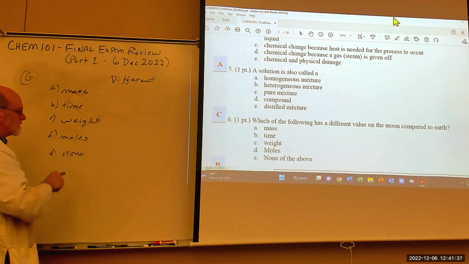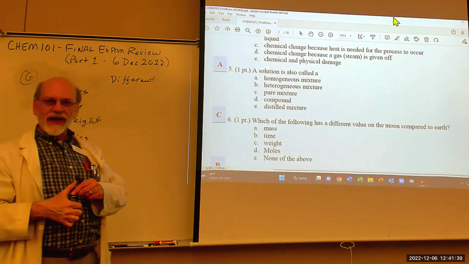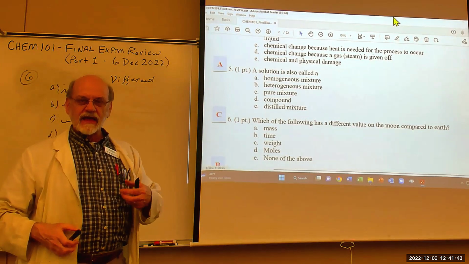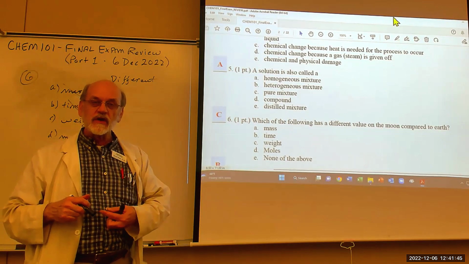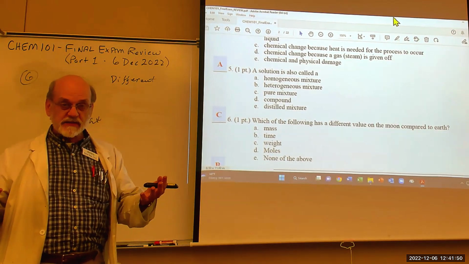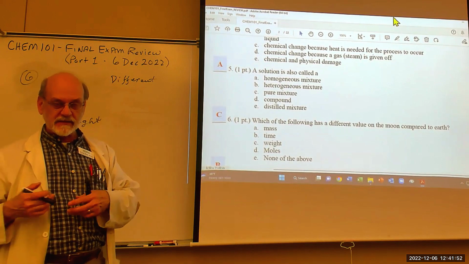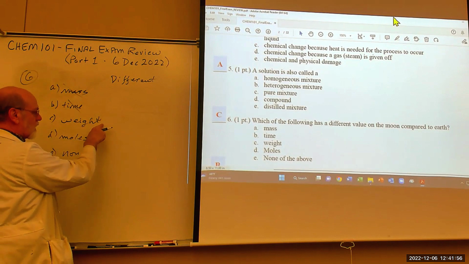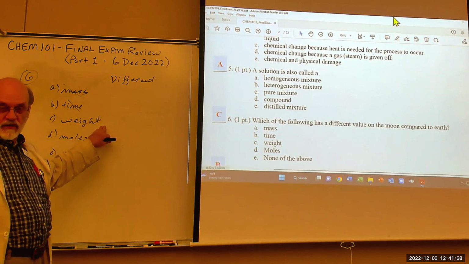How about weight? Weight is an expression of a force. And the force is due to the presence of masses of different sizes and proximities, right? So the closer they are together, the greater the force, the greater the weight.